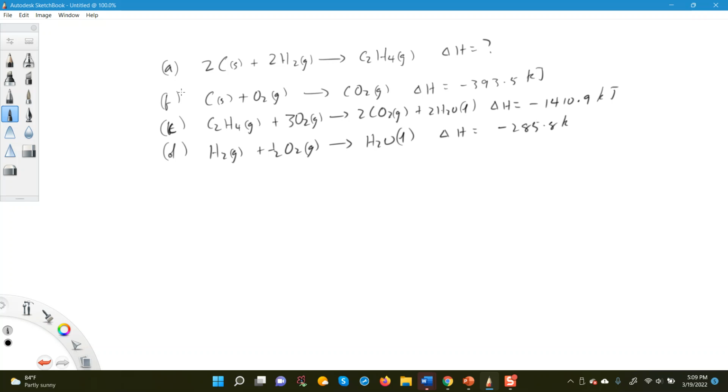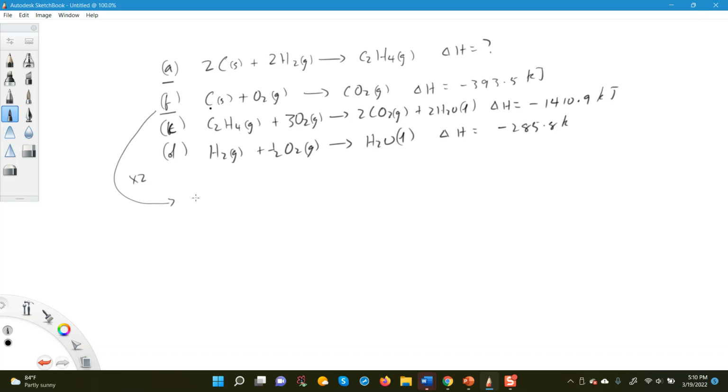So the first thing I would do, if you remember what I did in the simple example, I compared each of the equations for which the delta H values are given to the first one. So I'm going to compare equation B to equation A. And when I compare them, the first thing I notice is that you have a carbon here in equation B on the left, but you have 2 carbons here on the left. So I would multiply this equation by 2 to get 2 carbons on the left. But you have to multiply the entire equation by 2, and you also have to multiply the delta H value by 2.